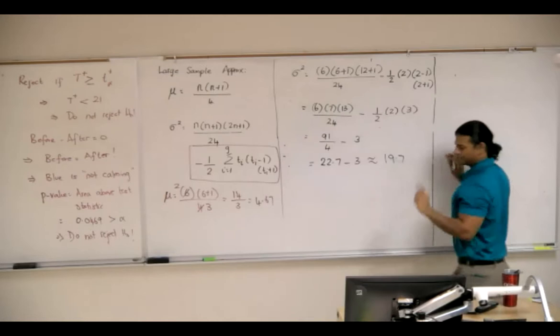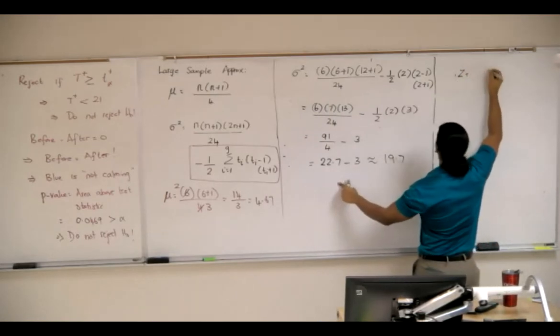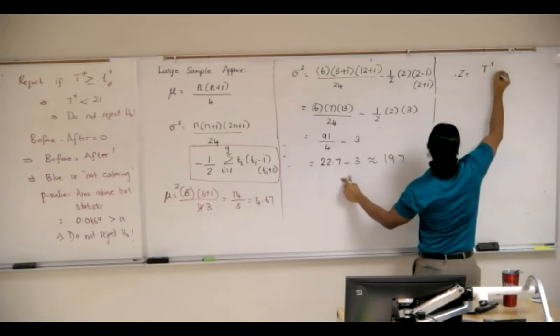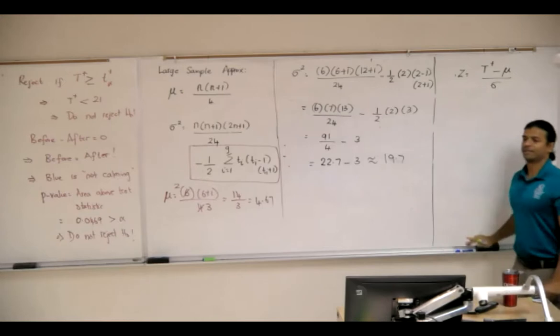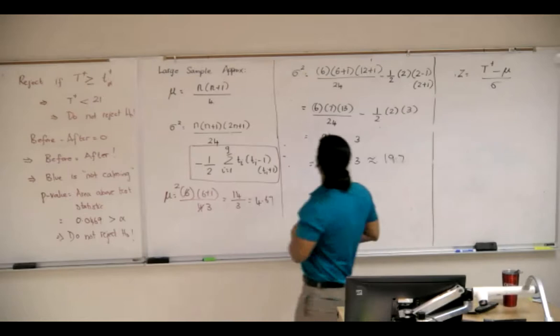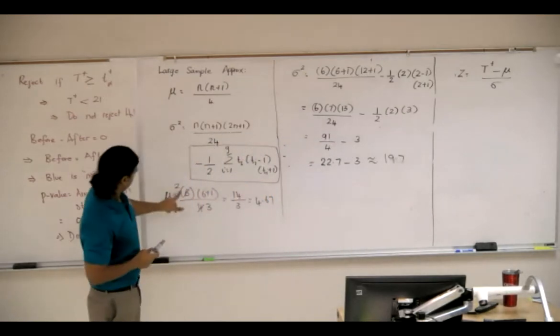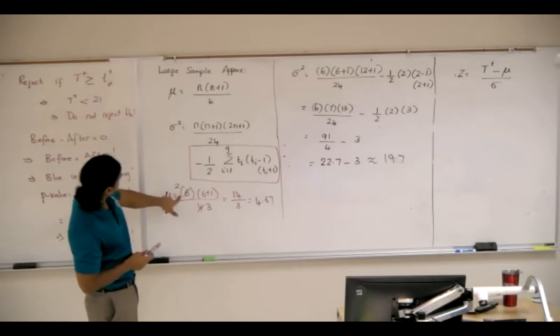It's not the variance that we're going to use in the z-score, it's the standard deviation. So T plus minus mu divided by sigma. Calculating the mean, why is the 2 on top of the 3 on the bottom? I got 10.5 by the way, for the mean. n is 6, right?